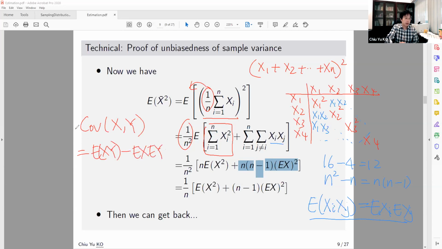If they are independent, the covariance is 0. So expected xy is expected x times expected y if they are independent. So the expected value of the non-same terms will be expected x squared, and there are n times (n minus 1) of them. Is that okay?